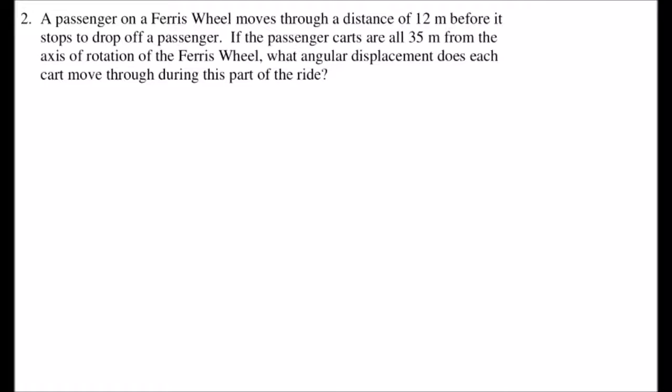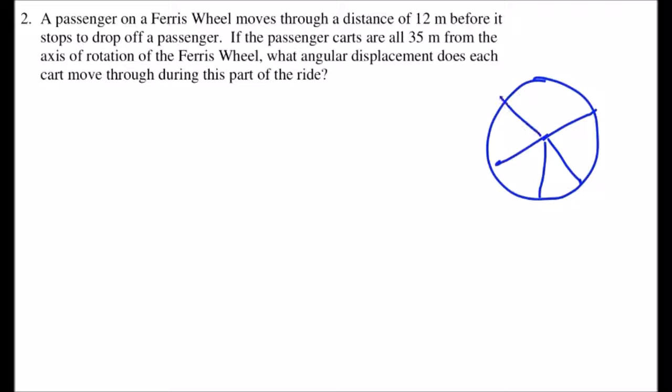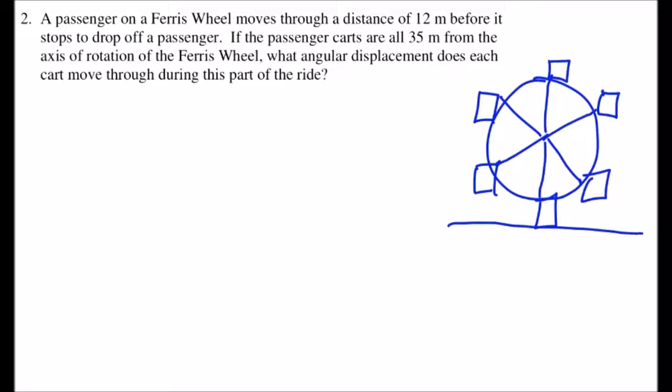Okay, so if we were to draw a Ferris wheel here, and this is going to be my crude picture, but at the end of each of these spokes is going to be like the little cart where everybody gets on and off the ride. All right, so if you're going to be dropped off, then that means you're right here.